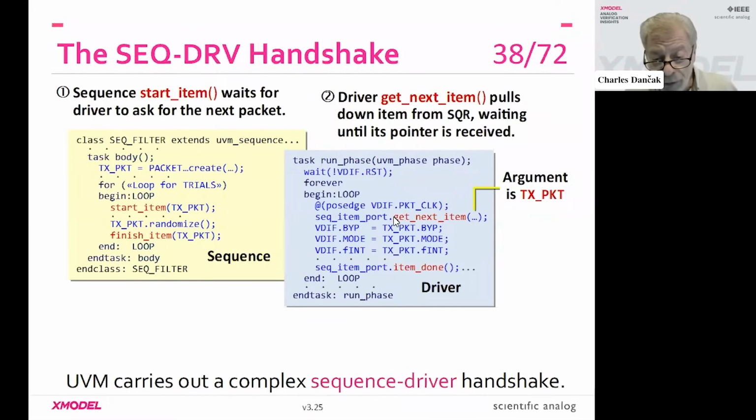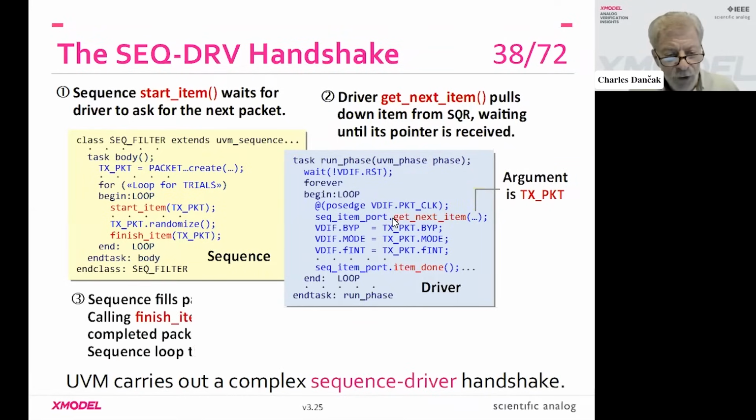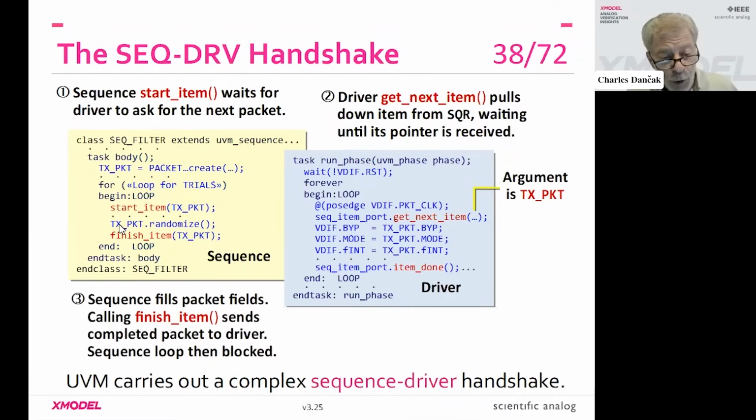So that supplies the pointer to that packet, and now the sequence loop can continue. It'll randomize the packet fields, assign any non-random packet fields, and when it reaches finish item, that's when it actually sends the completed packet to the driver, and the continuation of the loop is temporarily blocked.